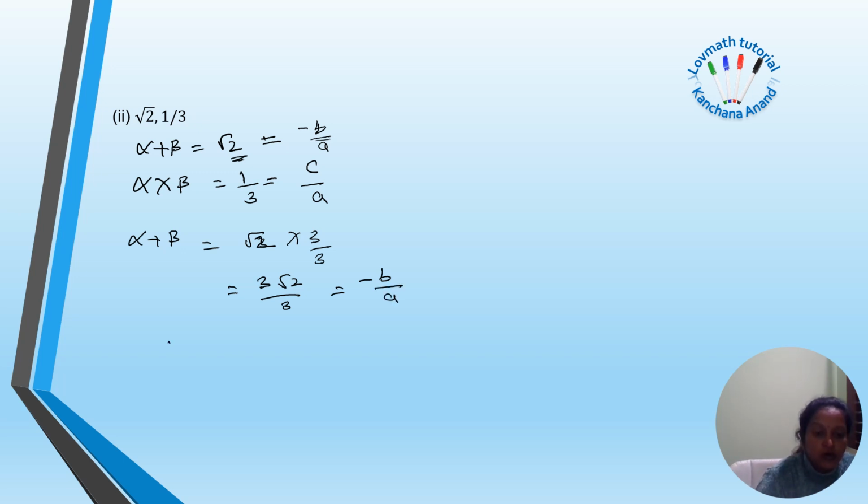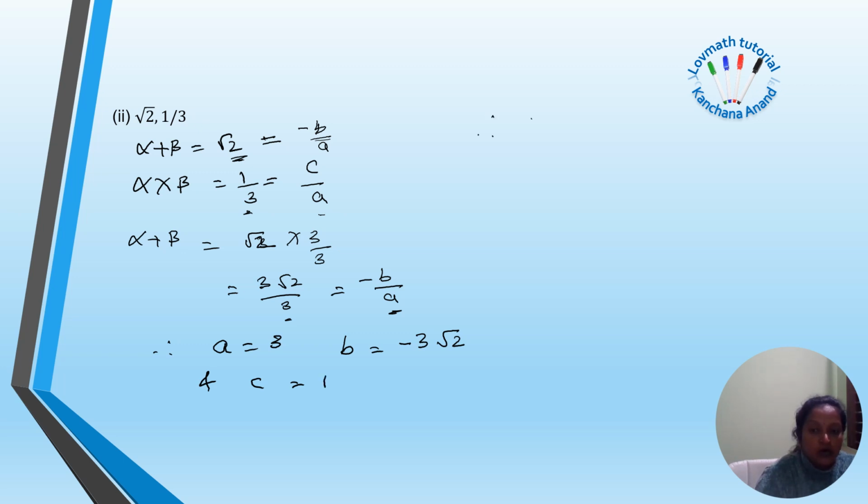So therefore here a is equal to 3 and b is equal to minus 3 root 2 and c is equal to 1.